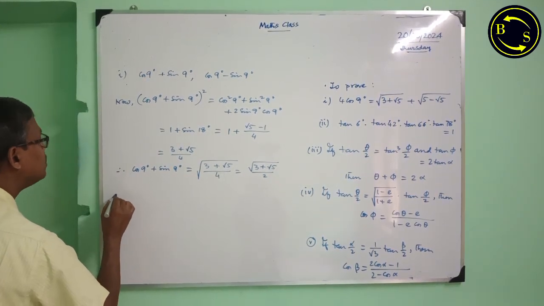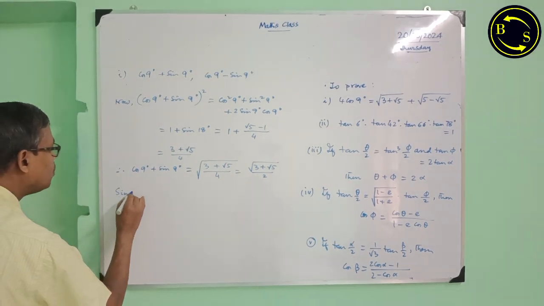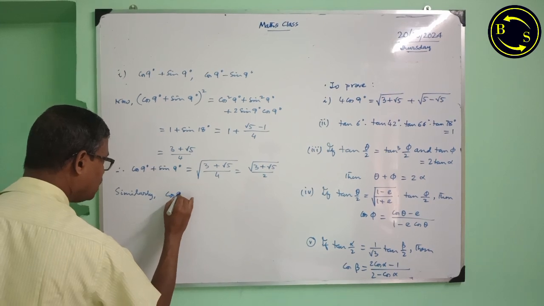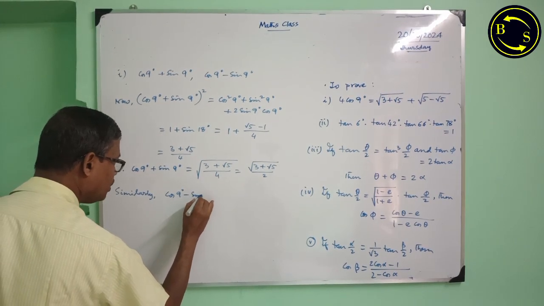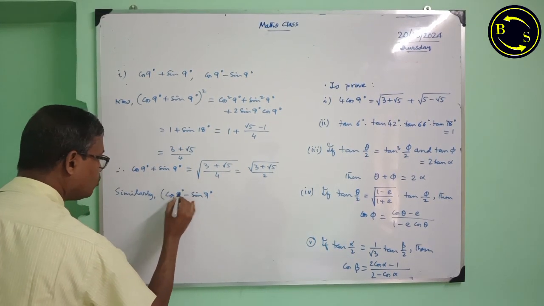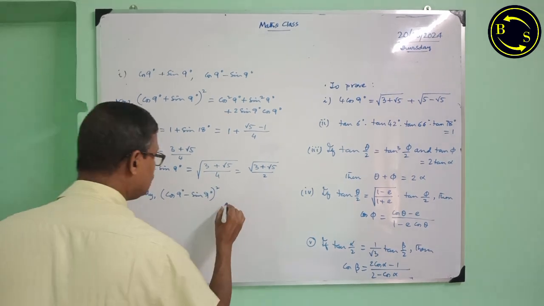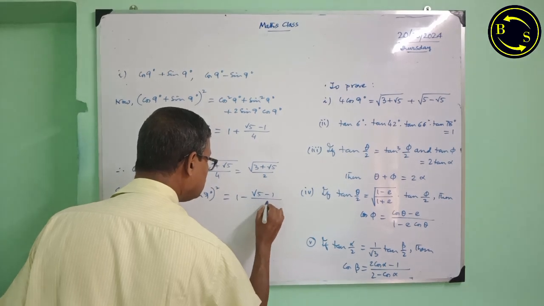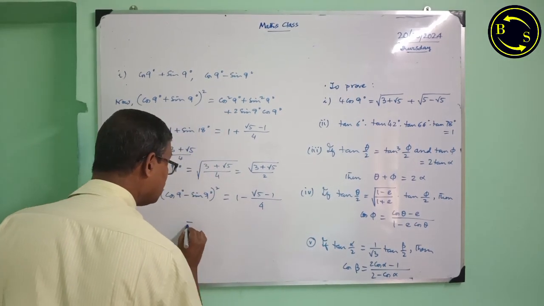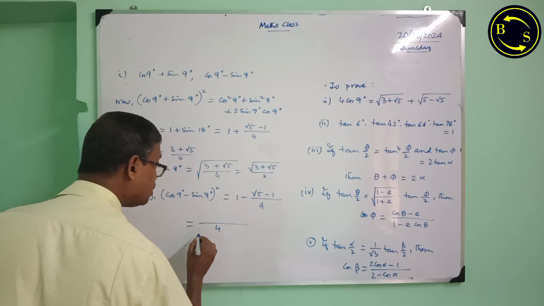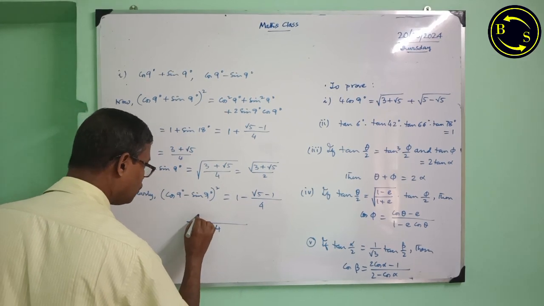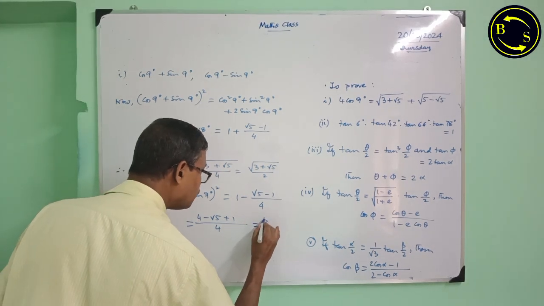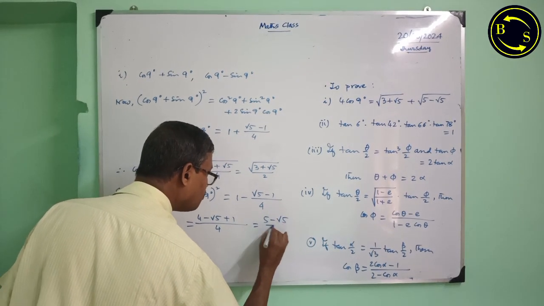Similarly, we can find the value of cos 9 degree minus sin 9 degree whole square, that will be equal to 1 minus root 5 minus 1 by 4. On simplification, denominator 4, 4 minus root 5 plus 1, that is 5 minus root 5 by 4.